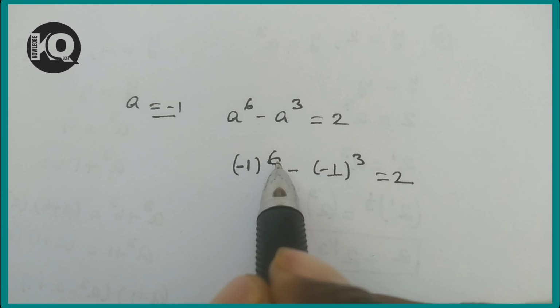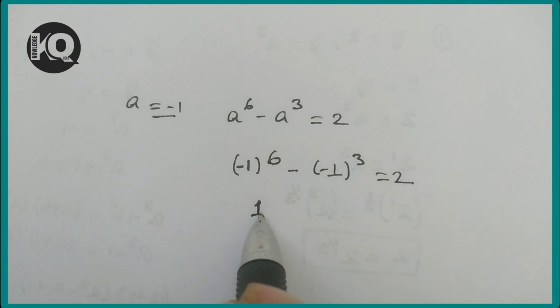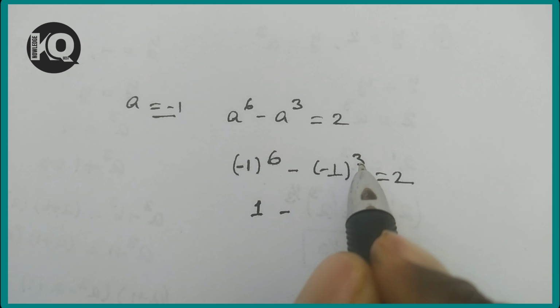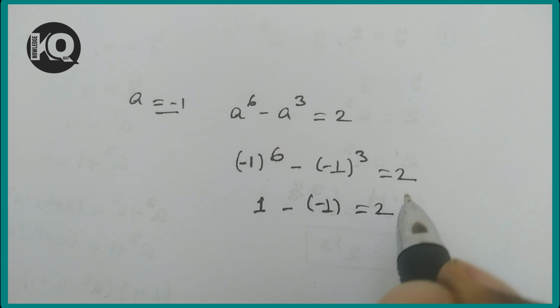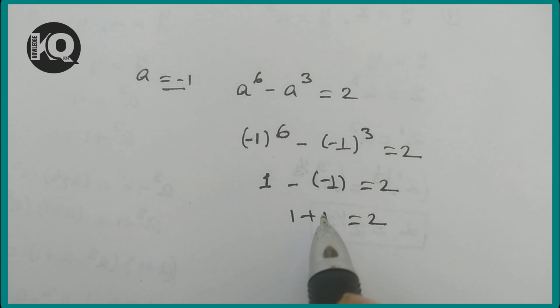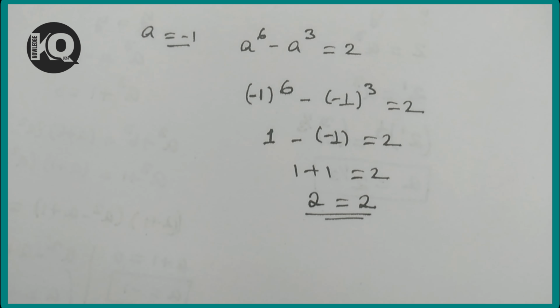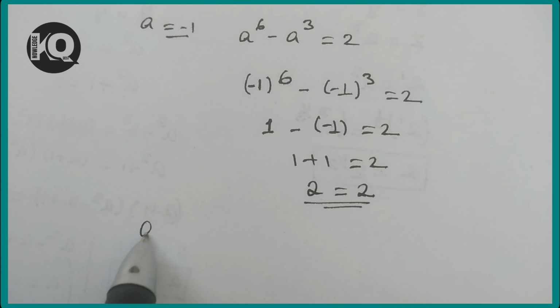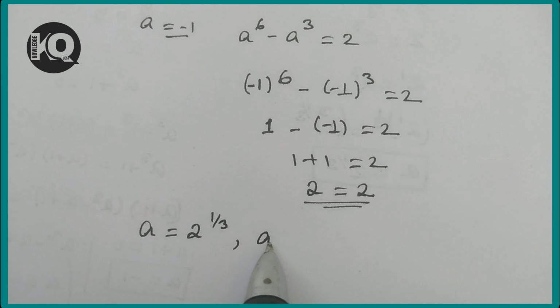Since 6 is an even number, minus 1 to the power of 6 will be positive 1, minus, this is an odd power, so it will be minus 1, which is equal to 2. So 1 plus 1 is equal to 2. So 2 is equal to 2. So our values of a, equal to 2 to the power of 1 over 3 and a equal to minus 1, will be our solution.